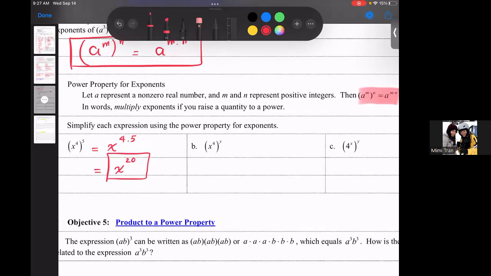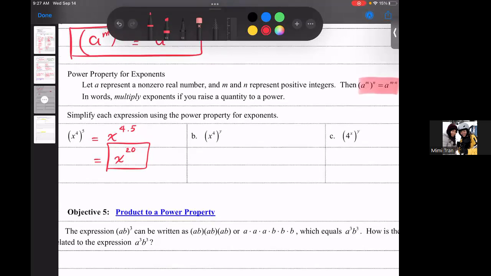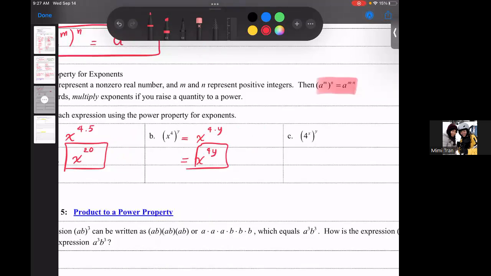You guys try B and C and tell me what you got. What about B? x to the 4 times y, or y times 4, 4y. And then C. C would be 4 to the xy.